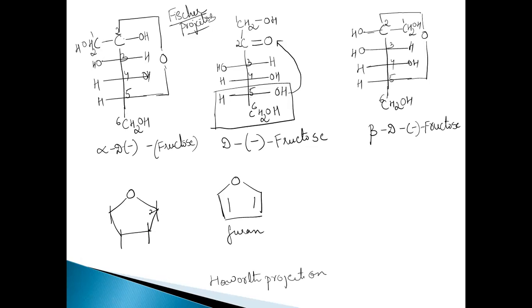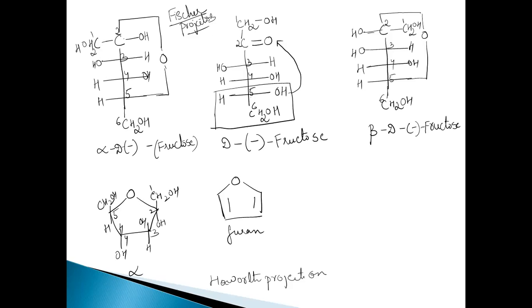On the second, we are going to write here third, fourth, fifth, and the sixth one will be CH2OH. So let me write it. On the second carbon atom, we have CH2OH and HOH. Third carbon atom also OH and H, HOH, and CH2OH. So this is the structure of alpha. This is Haworth projections, right?